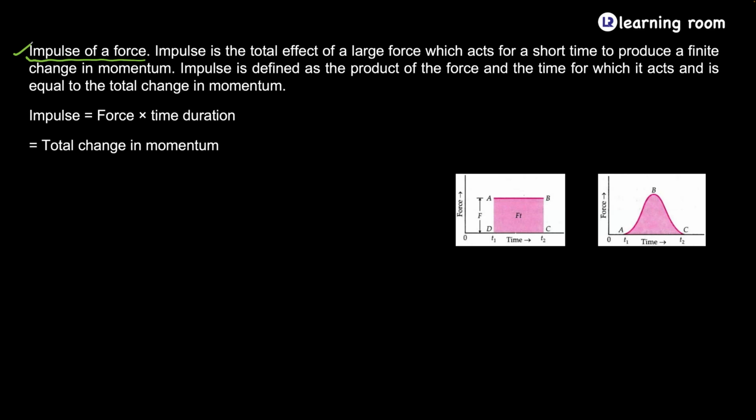See, generally, if you go back to the statement of Newton's second law, what does it state? That force is equal to rate of change of linear momentum. So to put it simple, the force that you are applying on an object will actually change the momentum of the system.